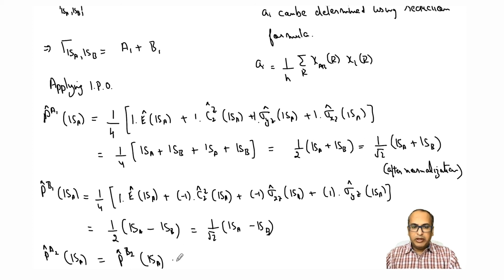So if you do that, you will see that the answer you get here is actually 0, right? So that means any combination of sA and sB will not transform as A2 and B2, right? So you cannot combine these in any form so that they will transform as A2 and B2, because A2 and B2 do not contribute to this reducible representation.